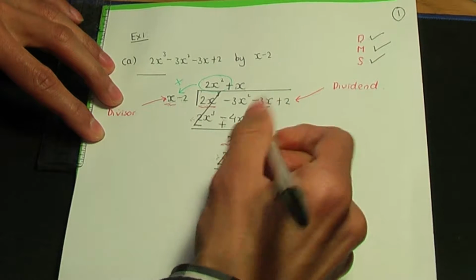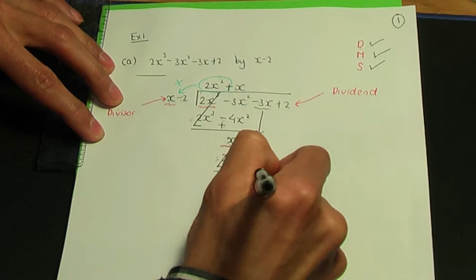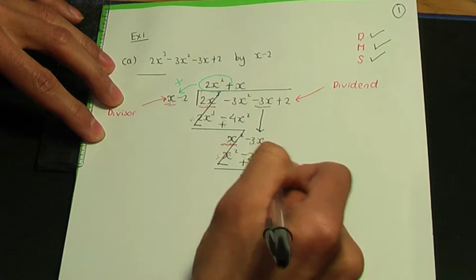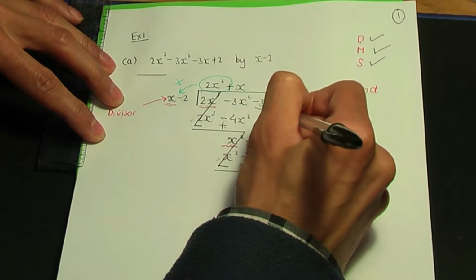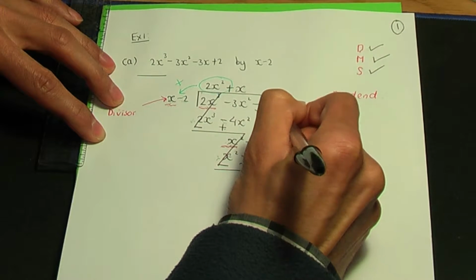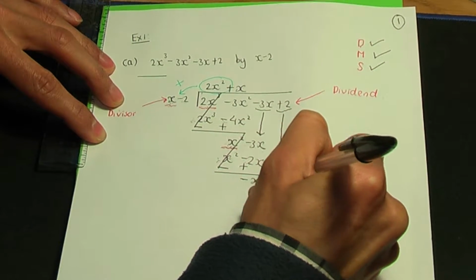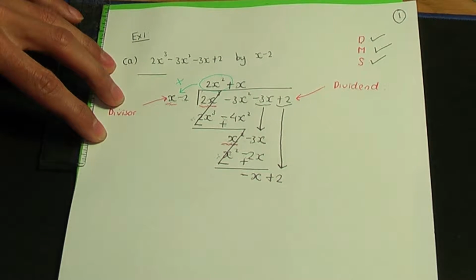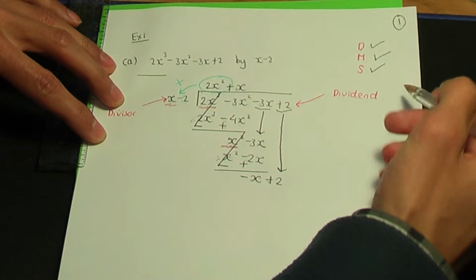Minus 3x plus 2x is minus 1x, or minus x. At this stage you need two terms, so go to the next term above and bring that entire term along with the sign below. Copy down the plus 2 in this case, and then repeat the process.